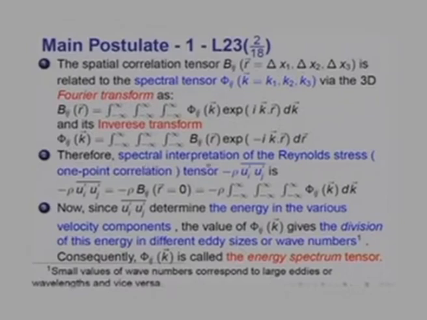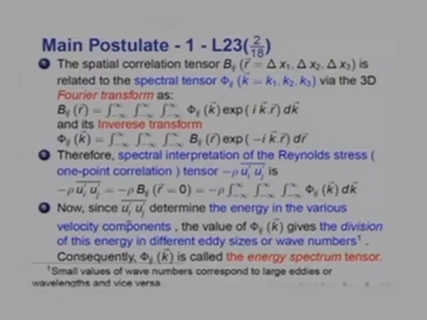Therefore, the spectral interpretation of the Reynolds stress, which is of the one point correlation tensor, rho u_i' u_j', where both u_i' and u_j' are measured at the same point, minus rho u_i' u_j' will become minus rho B_ij at r equal to 0, equal to minus rho times the integral from minus infinity to plus infinity, three times over, and since r is 0, the exponential of that would be 1, and you get phi_ij(k) dk.